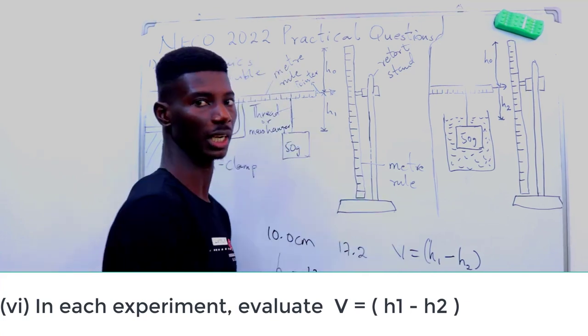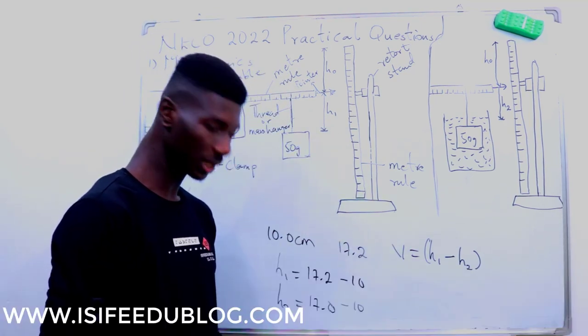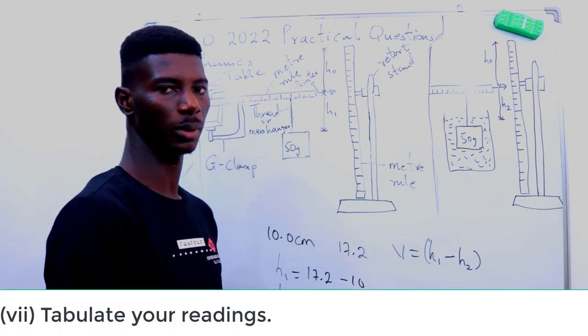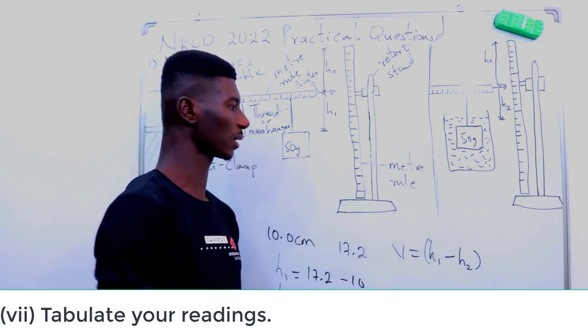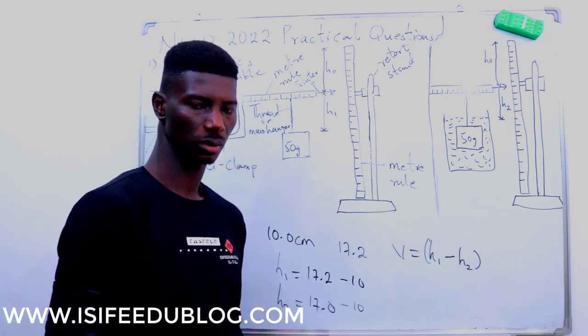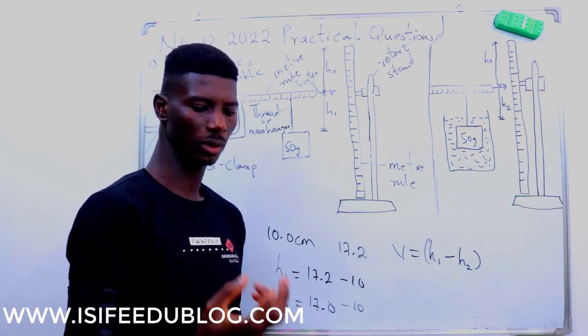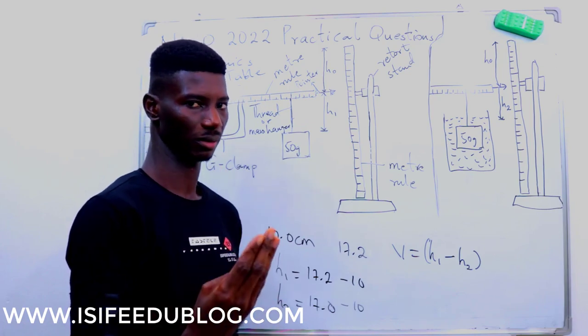V equals H1 minus H2. Now the question, they say tabulate your readings. I've told you the table of values, that is where they say tabulate everything you got from this particular practical. So the table of values will be 4 columns. We have M, like I said before, H1, H2, then V.